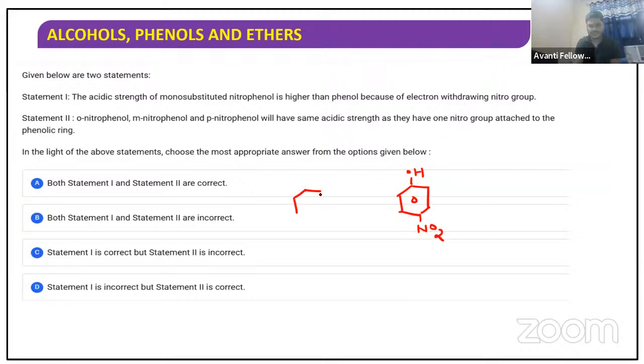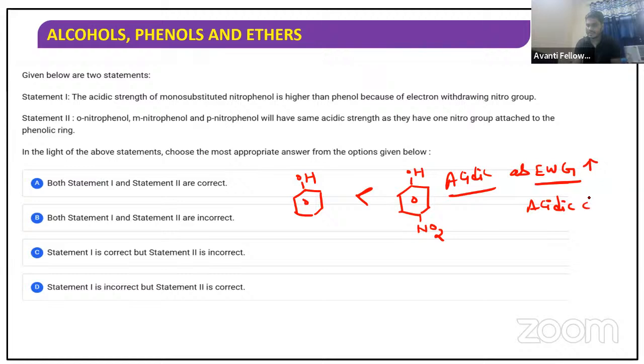Suppose we have only phenol and we have ortho-nitro or para-nitrophenol. Out of these, nitrophenol is more acidic than phenol, and this is very much correct. Why? Because as the electron withdrawing group increases, the acidic character also increases.